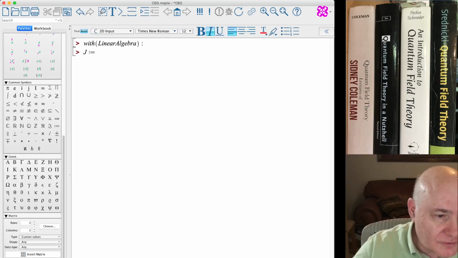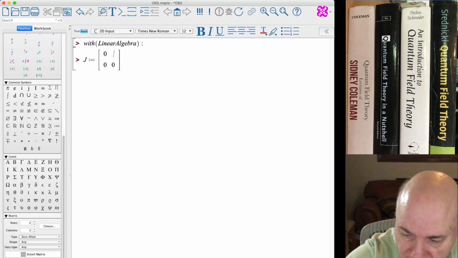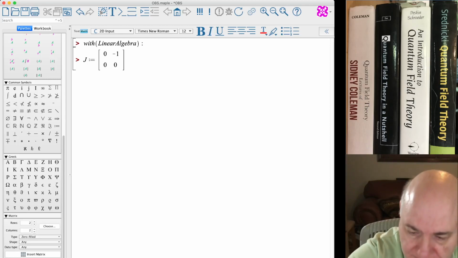So I'm going to do a 2 by 2 rotation matrix. I'm going to insert values. And so our matrix over there was 0, minus 1, and 1.